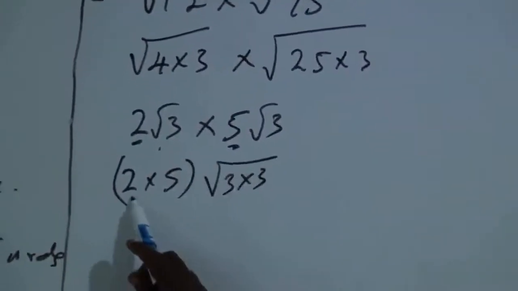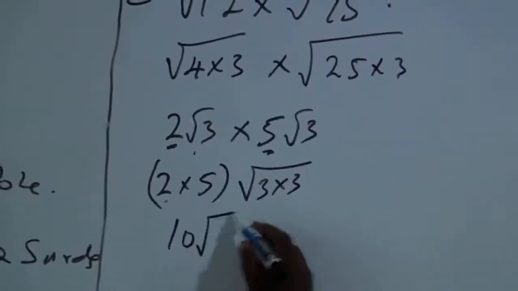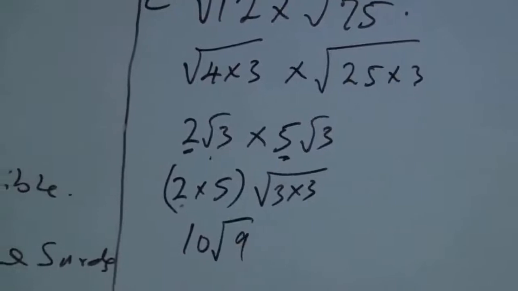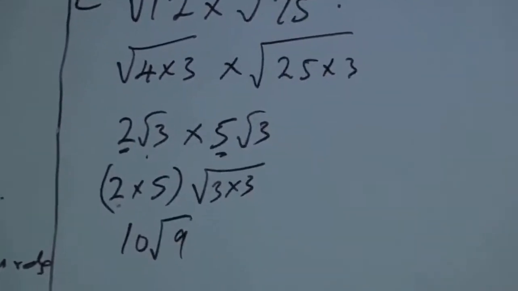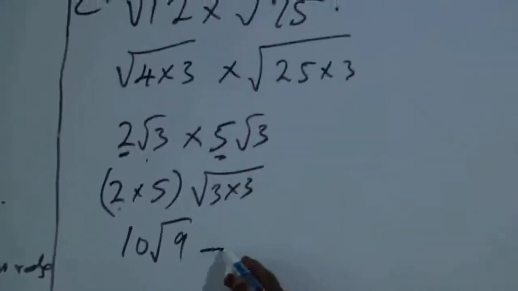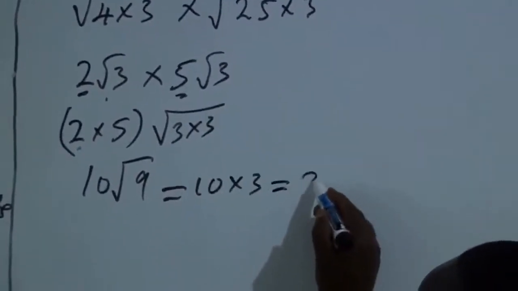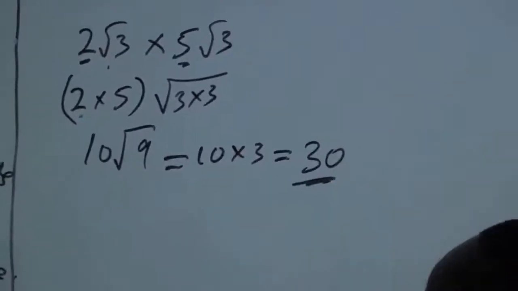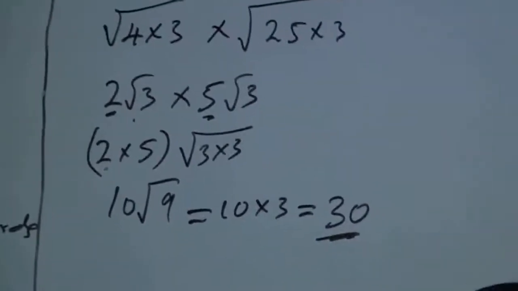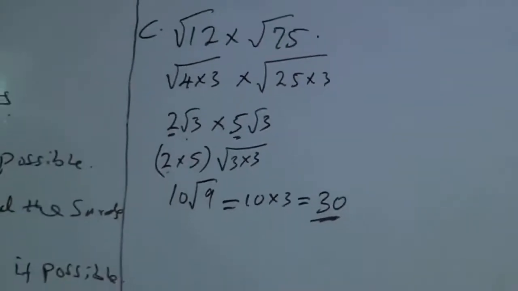Now what is 2 times 5? 10. 3 times 3 is 9. And you see in this question, 9 is already a perfect square, so do we leave it like this? No. That means we have 10 times 3, and that will give us 30.